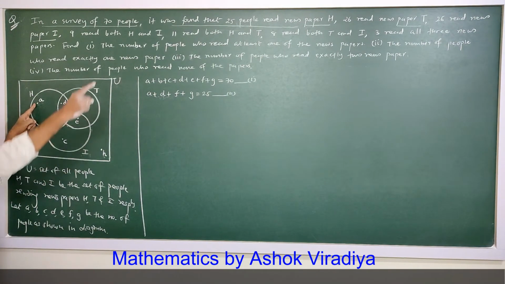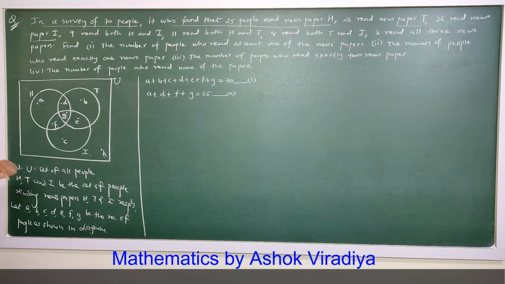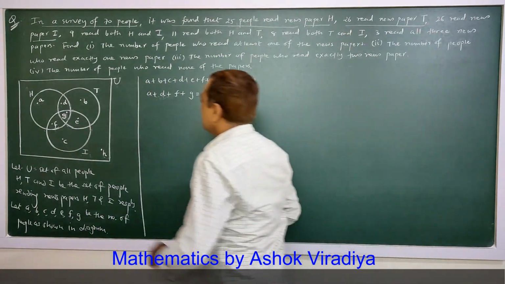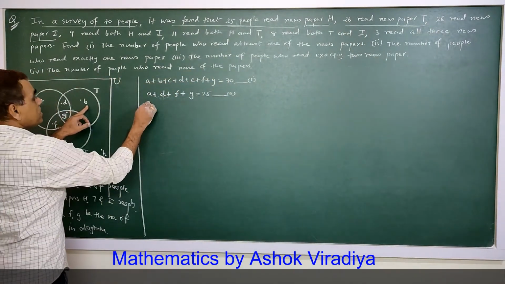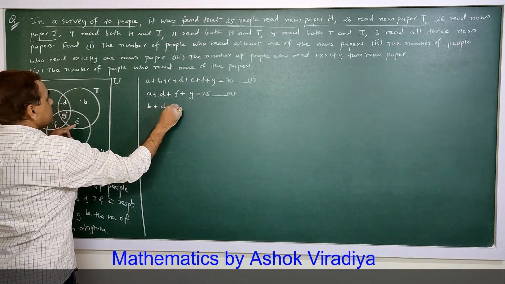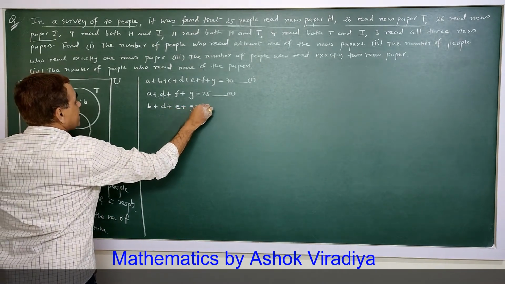But here the word only is not given, so take all. Similarly, 26 people read T. So B plus D plus E plus G is 26.